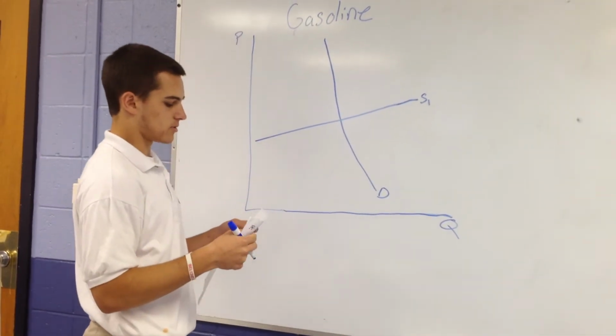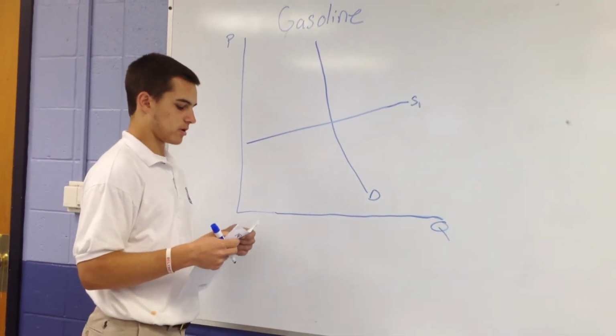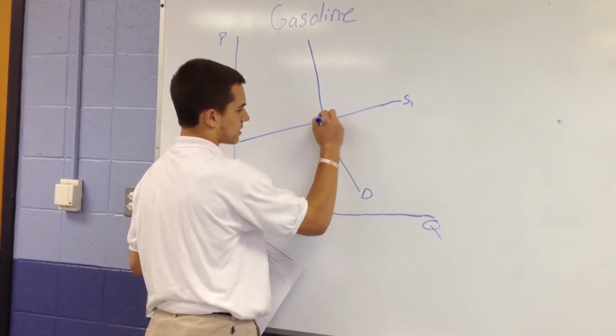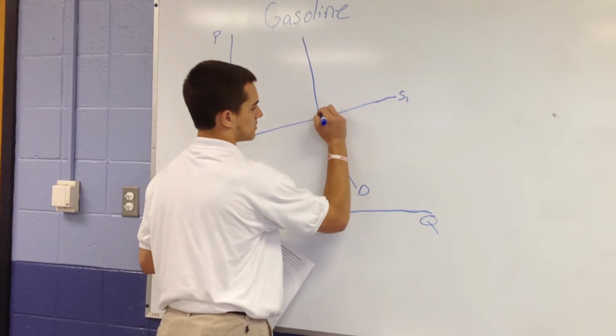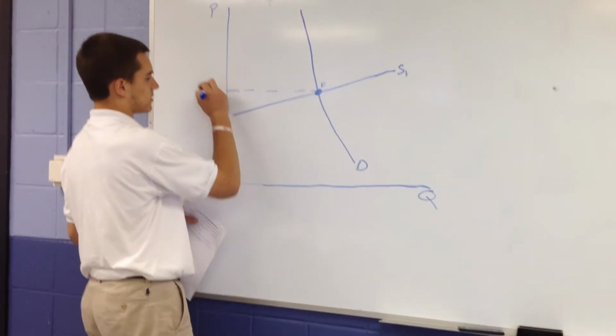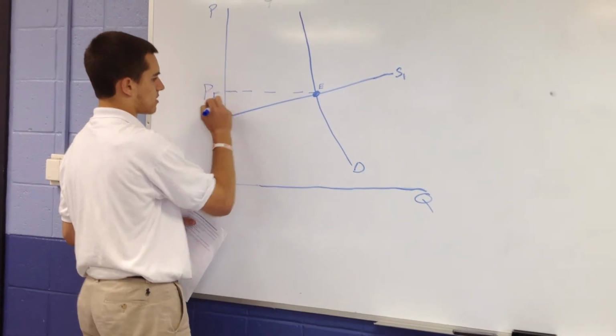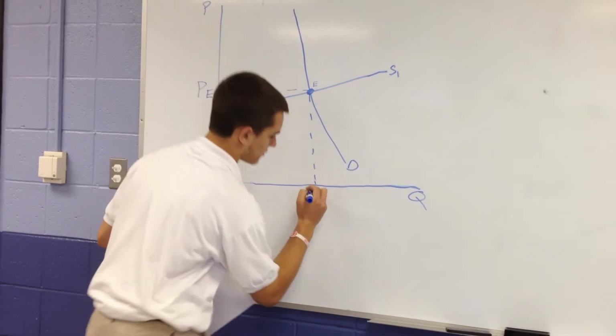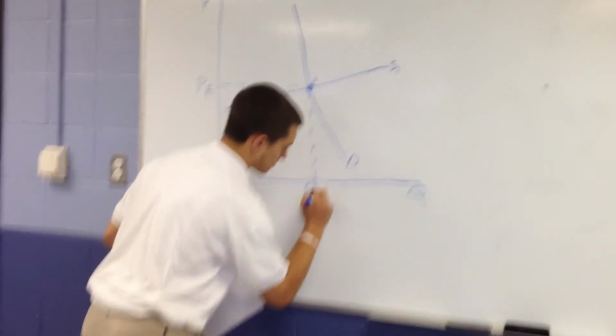And then it asks you to label your price and quantity as PE and QE. So here is where your equilibrium is. Come over here. Here's the price. If you just go down, this will give you your quantity QE.